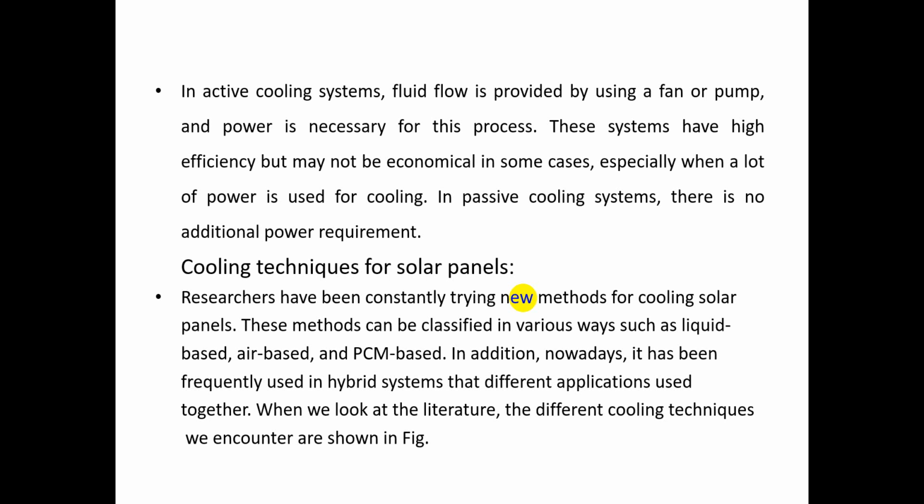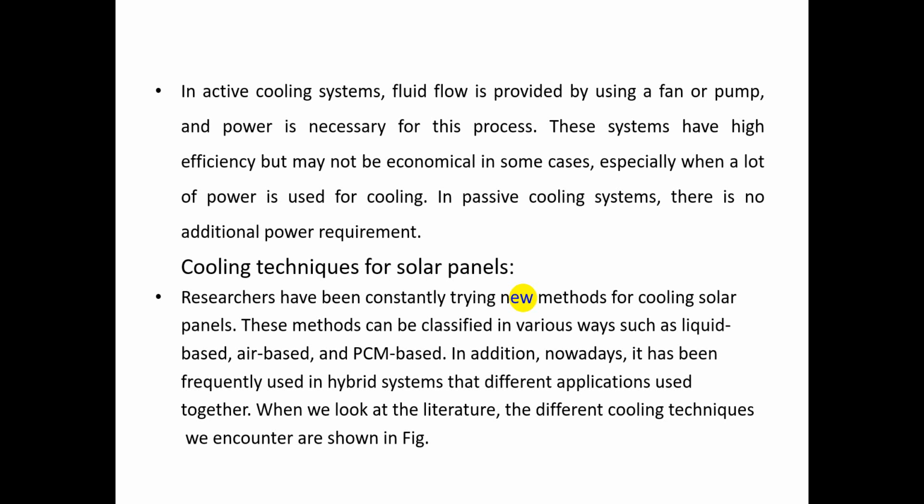Researchers have constantly been trying new methods for cooling the solar panels. These methods can be classified in various ways, such as liquid based, air based, PCM based, and so on. In addition, hybrid systems are now frequently used for different applications.